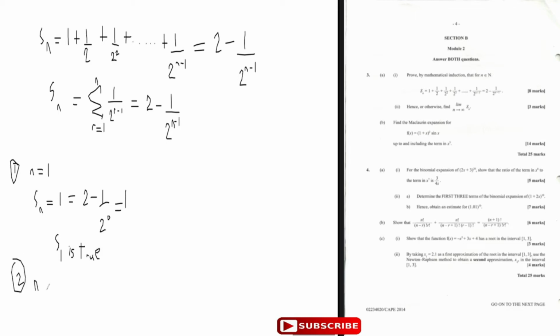For n equal to k, we get that Sk is equal to the sum from r equal 1 to k of 1 over 2 to the r minus 1, and that is going to be equal to 2 minus 1 over 2 to the, replace n with k, so it's 2 to the k minus 1.